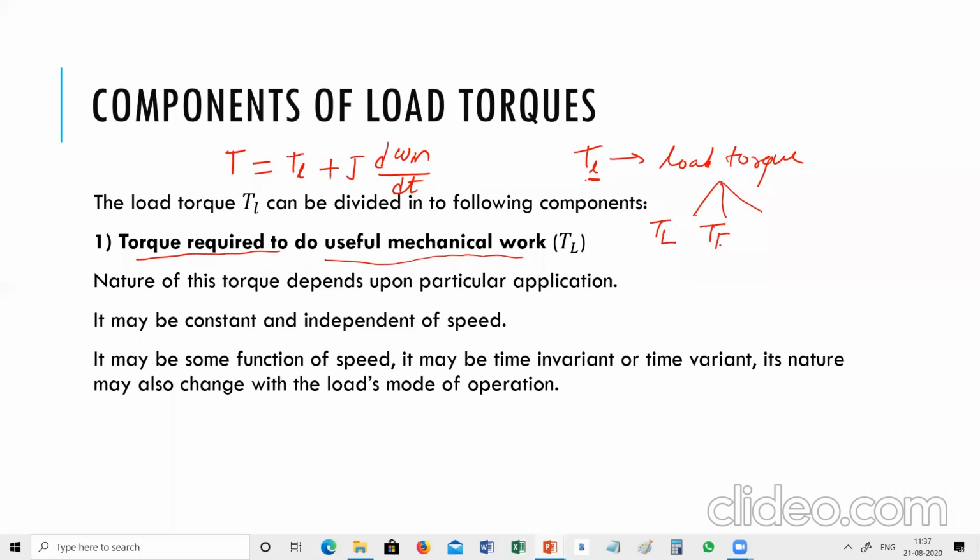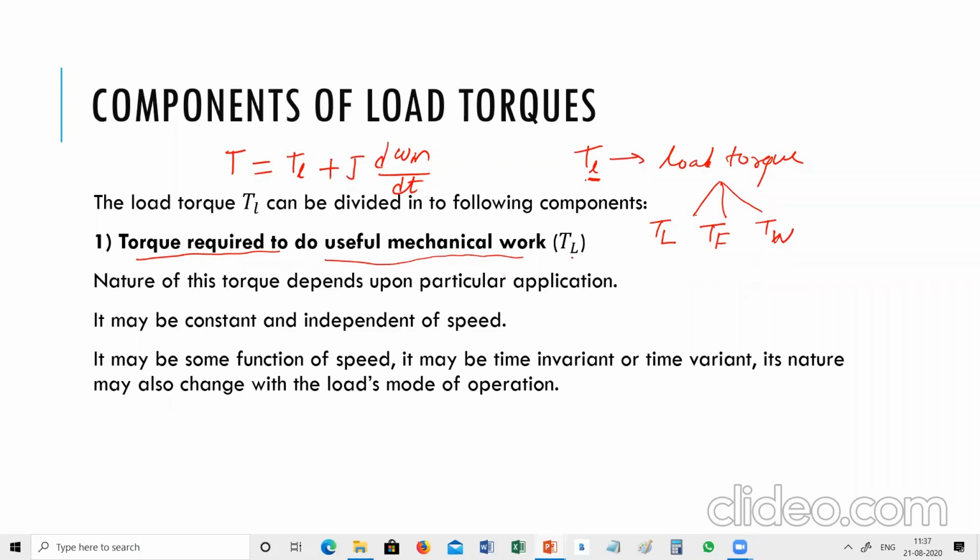Friction always happens whenever a motion is there. And third is the windage torque or windage loss, TW. These three torques are the main types of the load torque. Again they are divided into subgroups, we will see that.